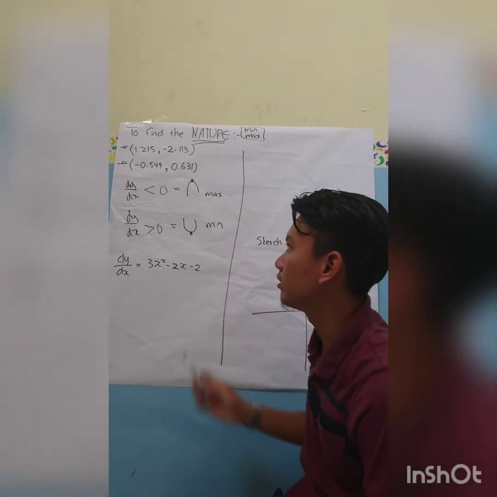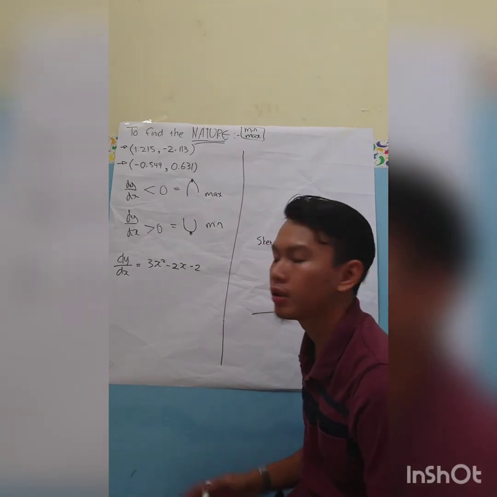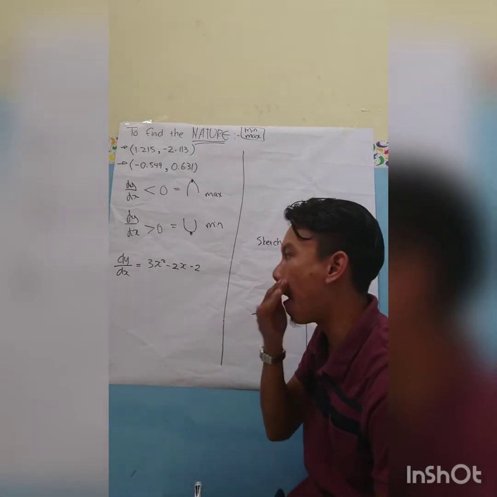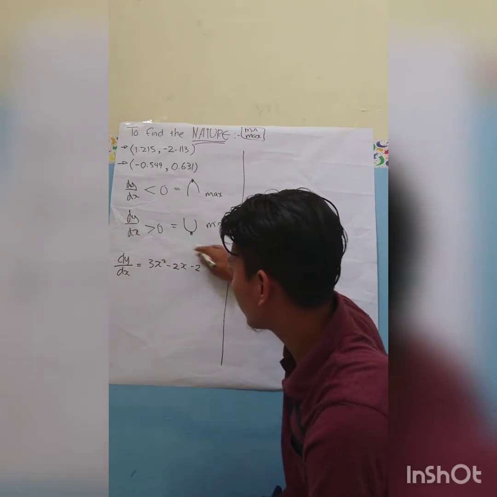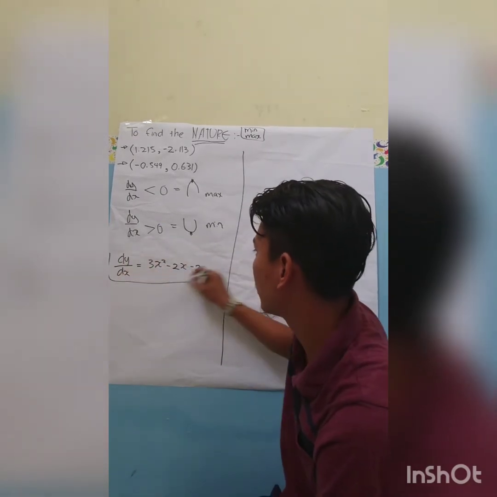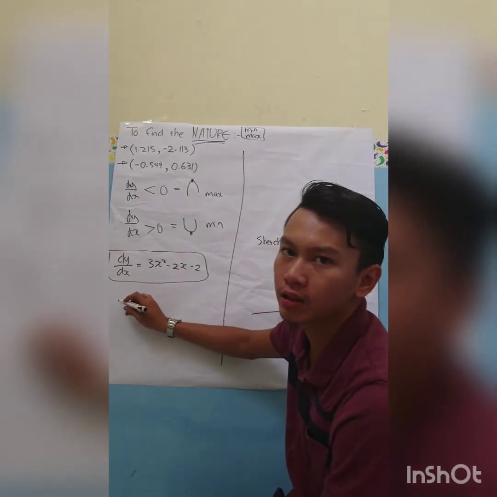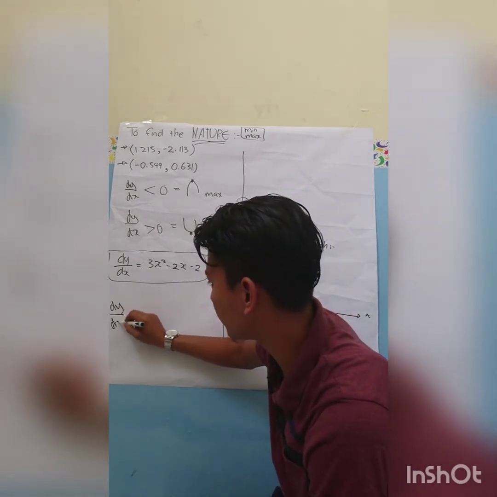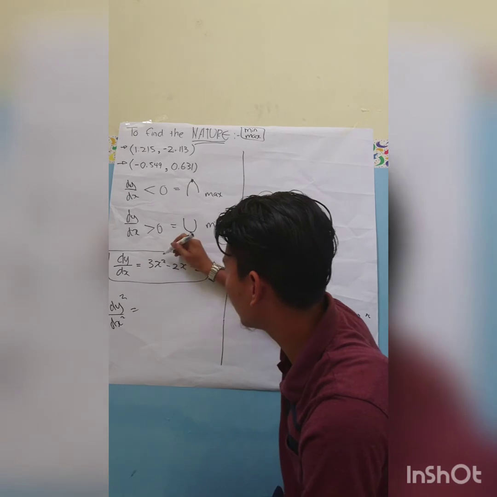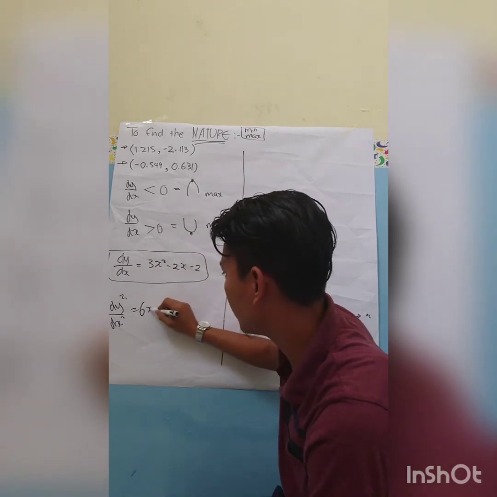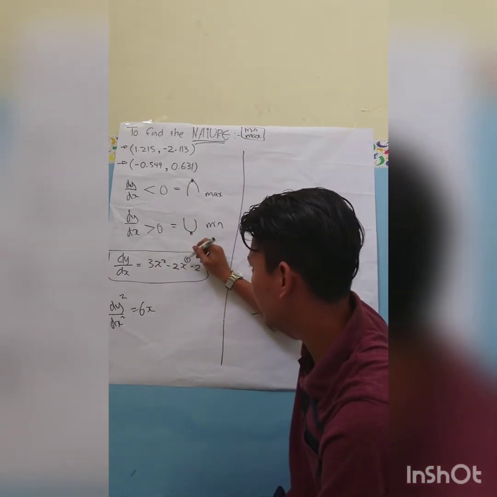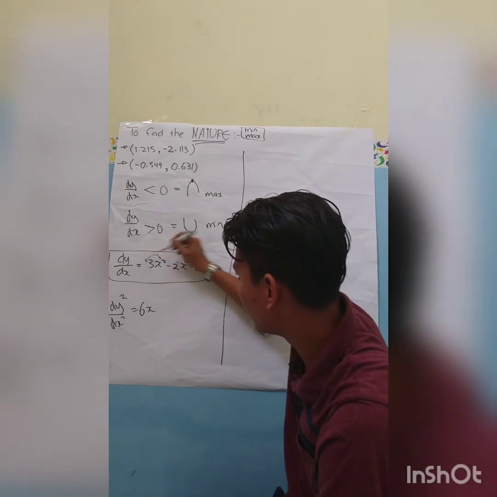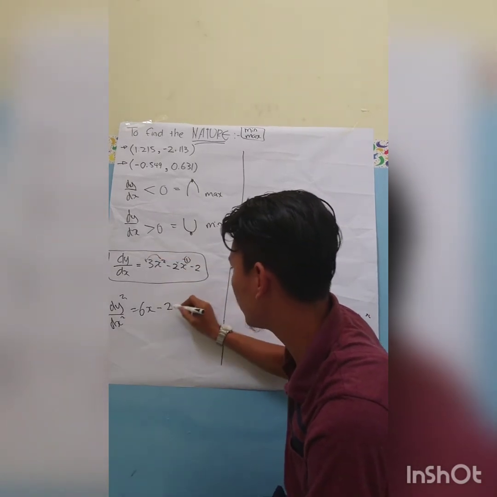To know the minimum and maximum point, we must do the second order differentiation. For d2y over dx2, 6x to the power of 1 goes down, so we get 6, and the 2 going down gives 2.